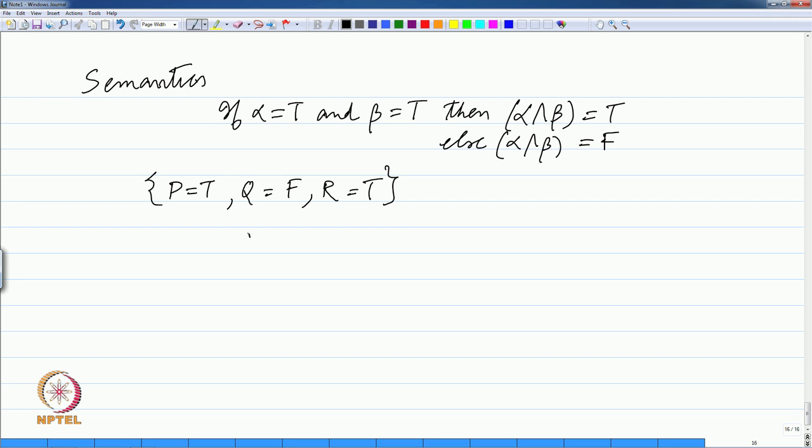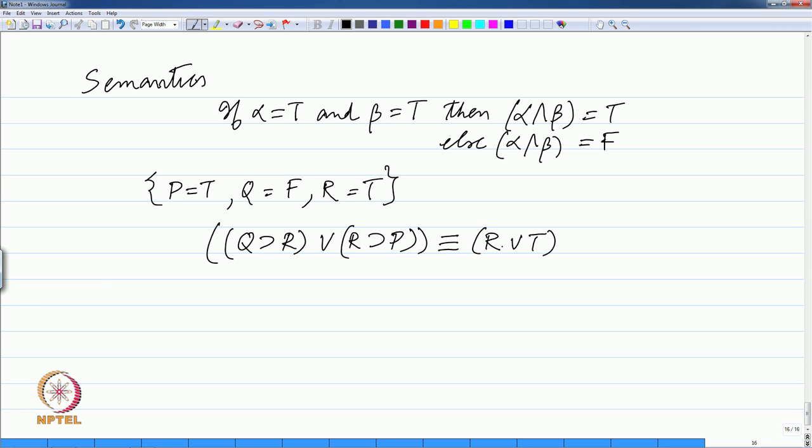Then we take an arbitrary formula, q implies r or r implies p, and the whole thing is equivalent to r or t.